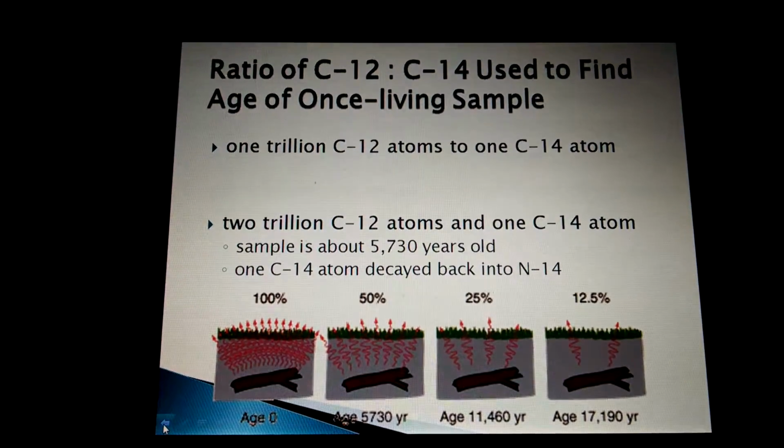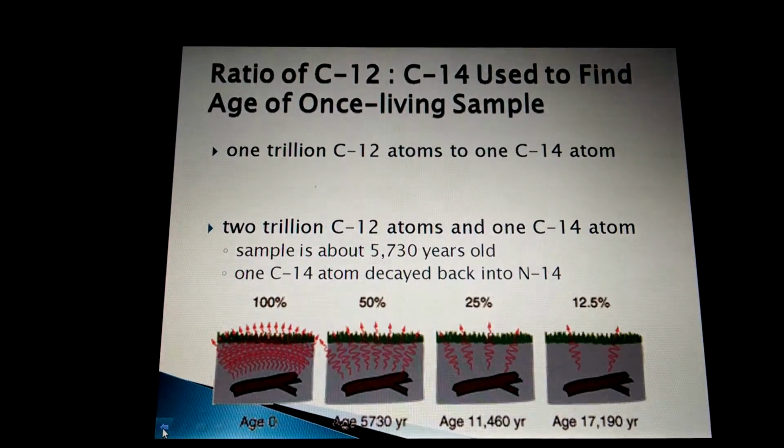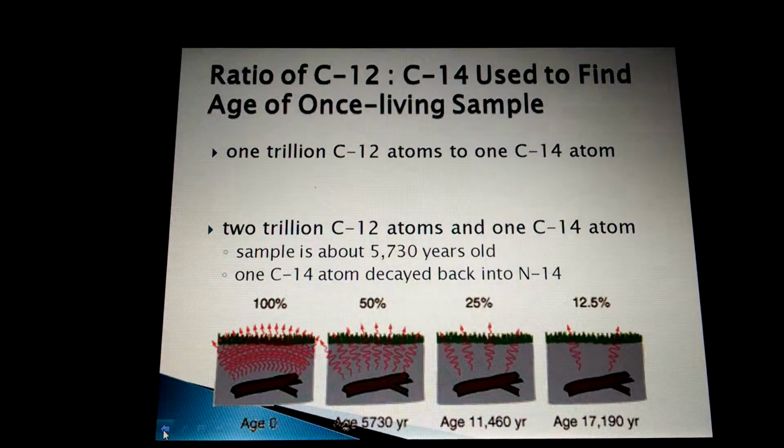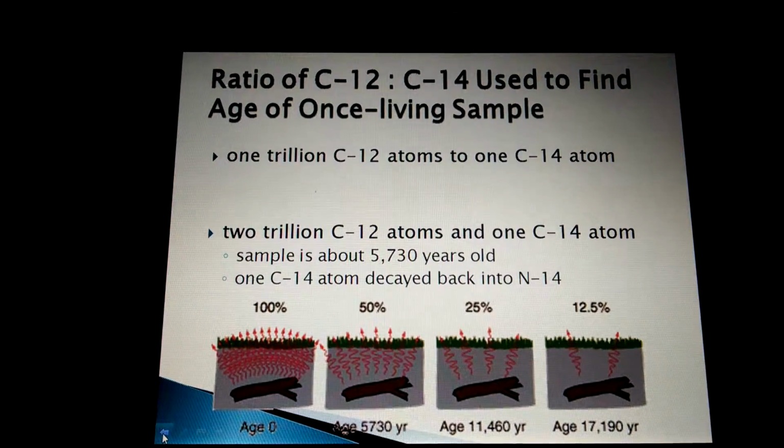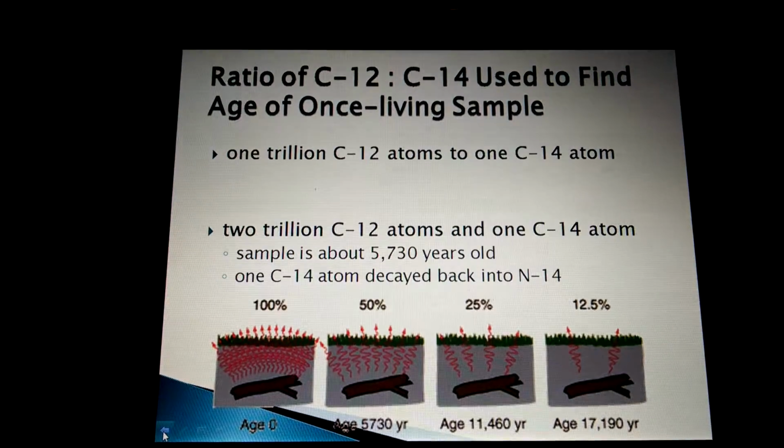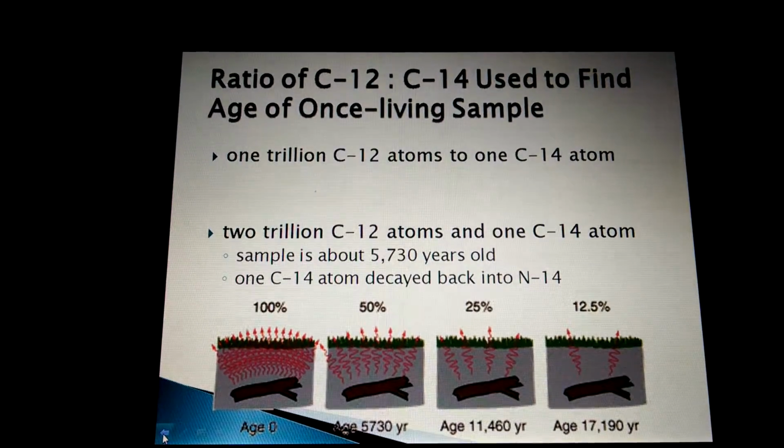So, using the ratio of carbon-12 to carbon-14 found in a sample, you can find the age of the sample. So in the atmosphere today, there are 1 trillion carbon-12 atoms to 1 carbon-14 atom.